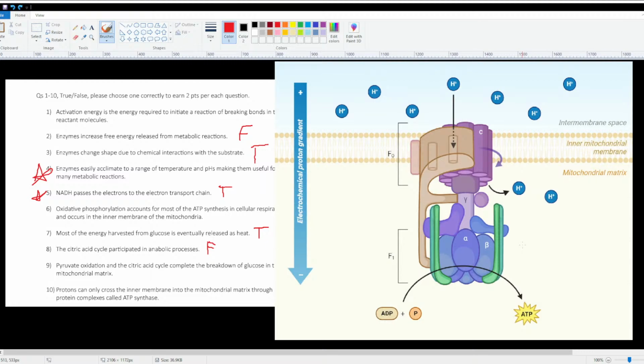It basically powers a generator, and this generator is making ATP, turning ADP plus a phosphate into ATP. This is a very specific process, and it's kind of a miracle that it's even able to occur. This is the only way that protons are able to cross the inner membrane space. Otherwise, they're not able to go back in. They're only able to go in through this protein.